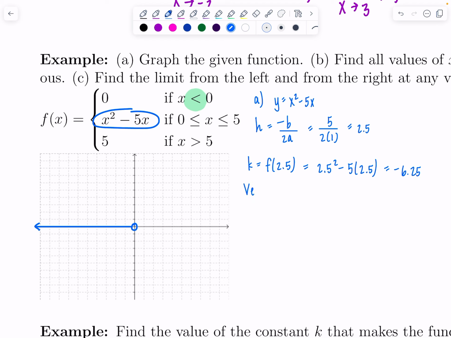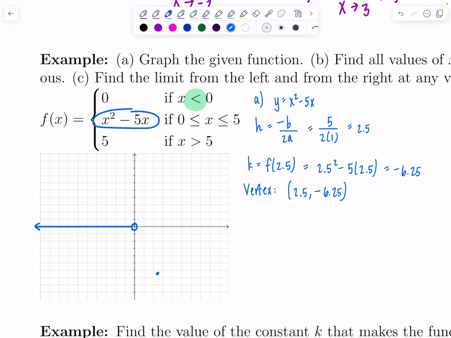So we can say the vertex is at 2.5 comma negative 6.25. So let's fill that in. So 2.5 and then negative 1, 2, 3, 4, 5, 6, and a wee bit more. There's 2.5. There's the vertex.